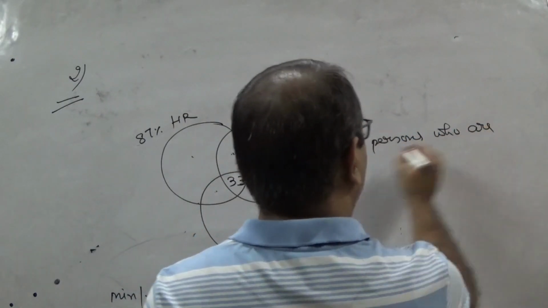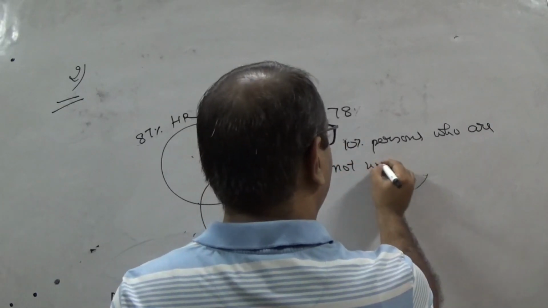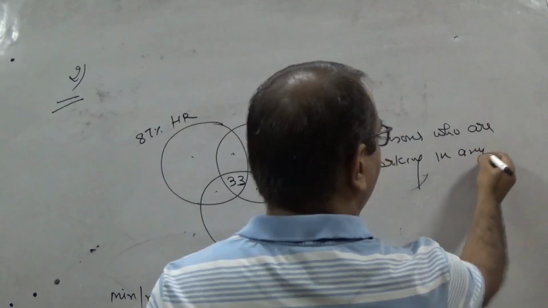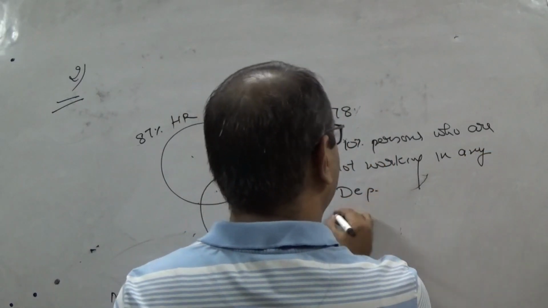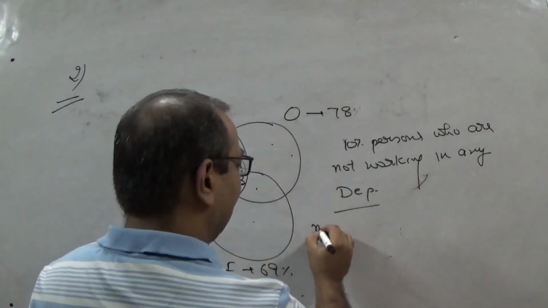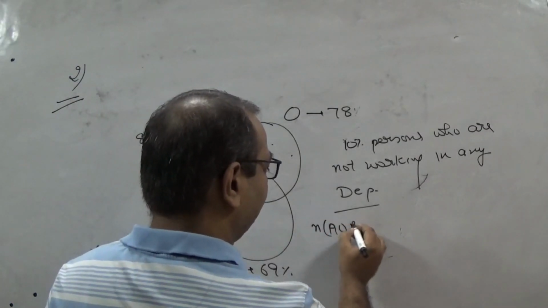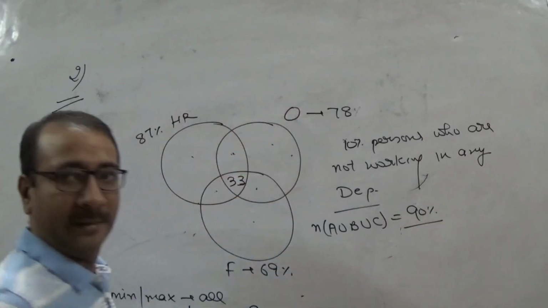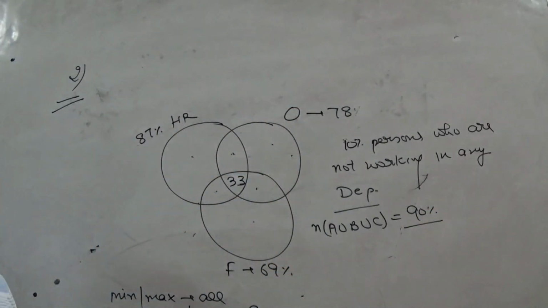That means out of the total, 10% are such who do not work in any department. So I can simply say n of A union B union C will be equal to 90% according to the information, because it's given that 10% of the people are not working in any department. So I can say n of A union B union C is equal to 90%, right?